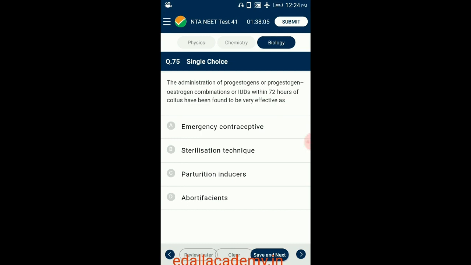The emergency contraceptive pills, World Health Organization, or ulipristal, or combined oral contraceptives consisting of ethinyl estradiol, emergency contraceptive.